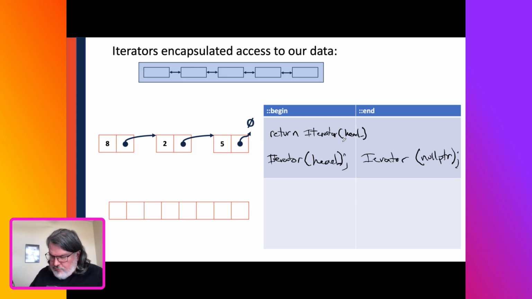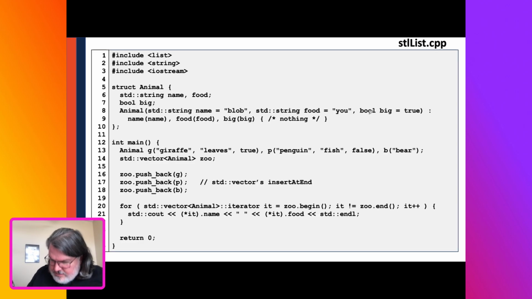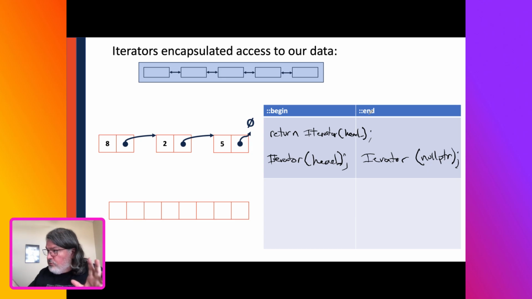Why is return before the iterator head constructor? This is one line, right? I decided I would leave the return off when writing it because I don't have enough space. So the actual code is return, iterator constructor, head. I don't need to give it a name, I'm just returning it.